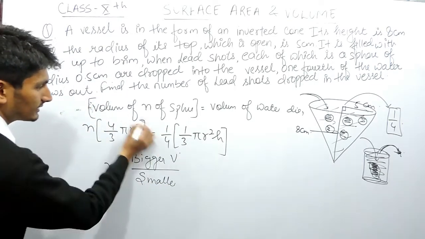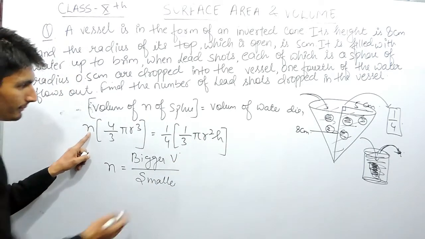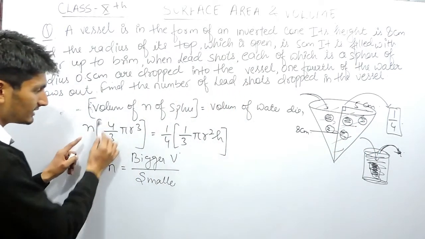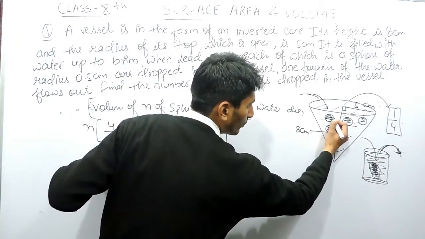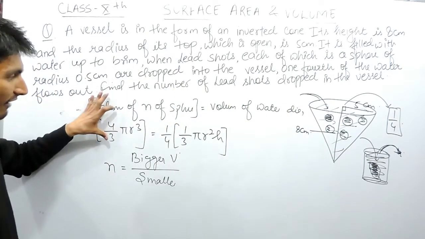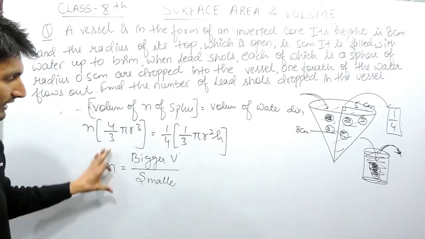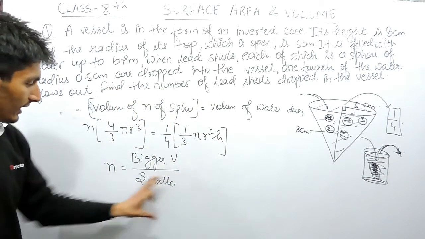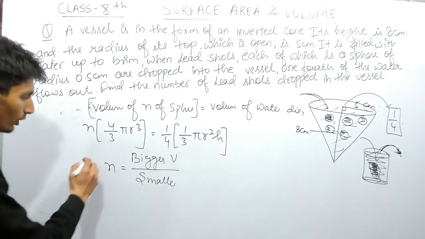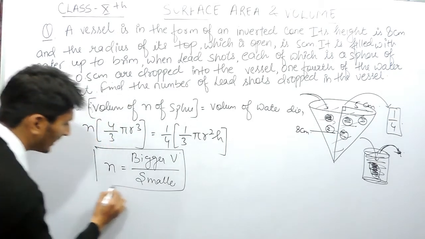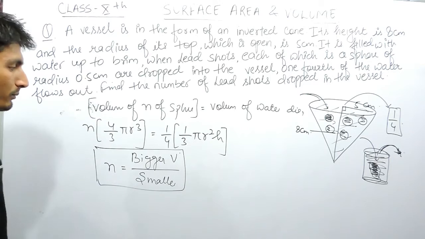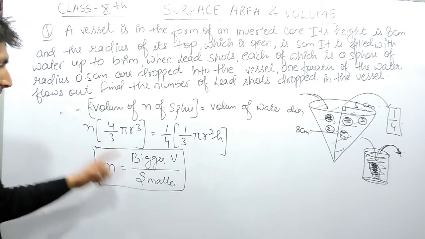This is the same as this formula, where the number will be this bigger volume, which is the volume of this cone, divided by this smaller volume which is the volume of this sphere. So whenever we have to find the number of things, we divide bigger volume by smaller volume. We remember this as our formula.